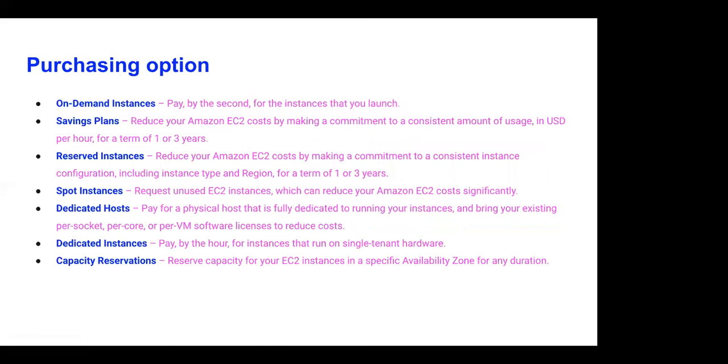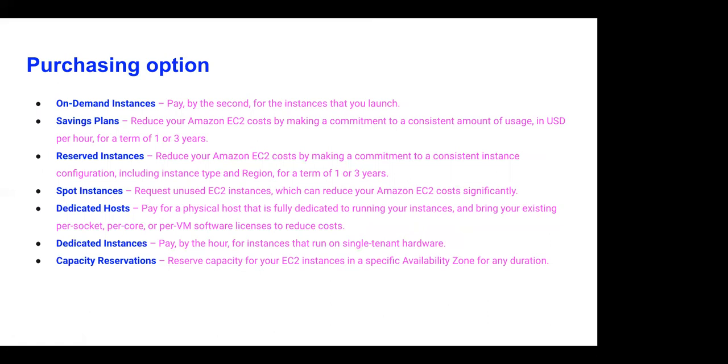You've selected the instance, you've selected the storage as per your requirement, but you have to think about the purchasing option as well, right? Maybe I'm a very small startup, or I'm creating some POC for my learning. That time I can't go ahead and pick a dedicated host or dedicated instance. I need to choose a purchasing option as per my requirement.